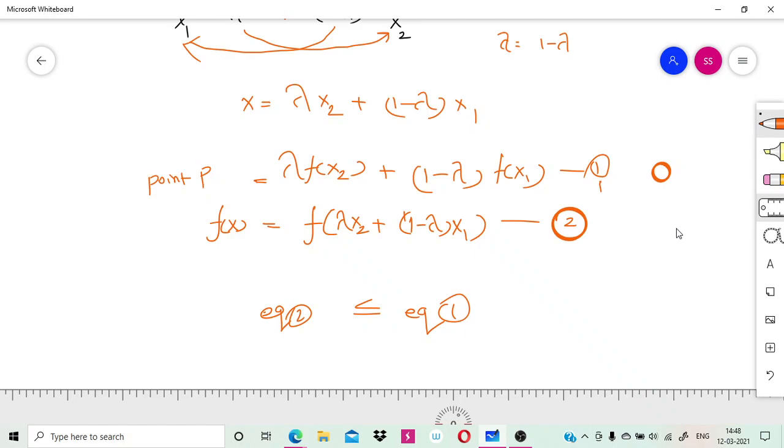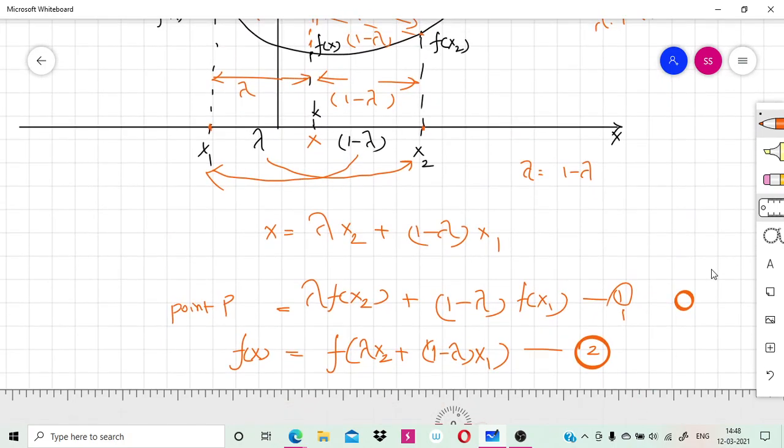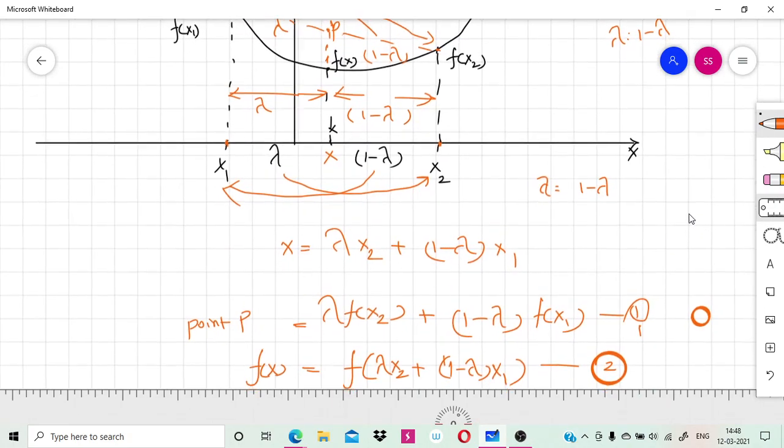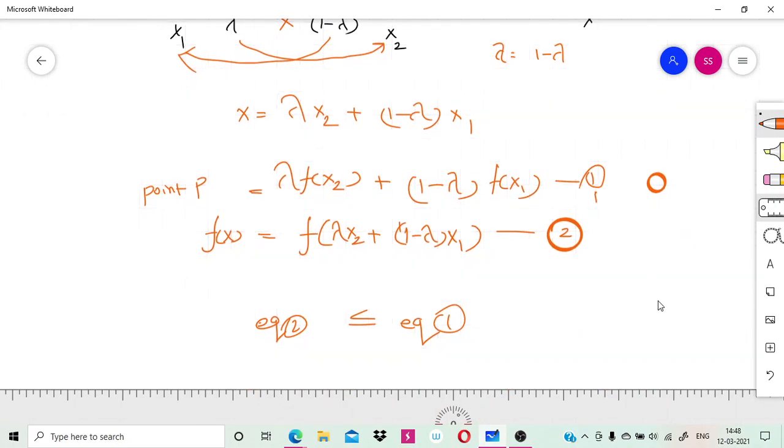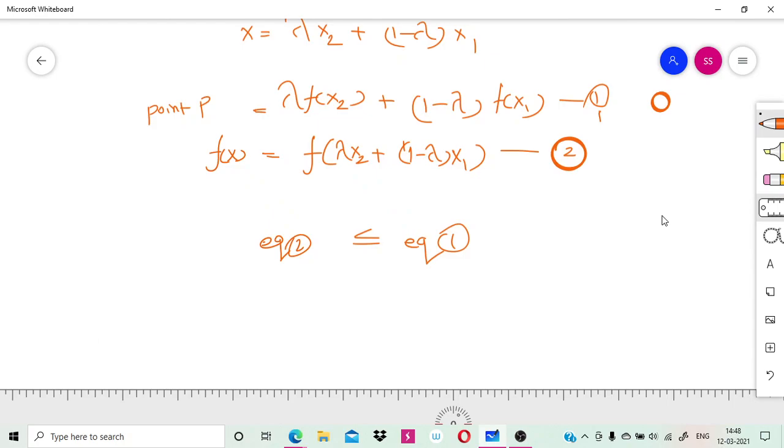Equation 2 is nothing but your f of x. That means, in general, any arbitrary point on the graph f of x.